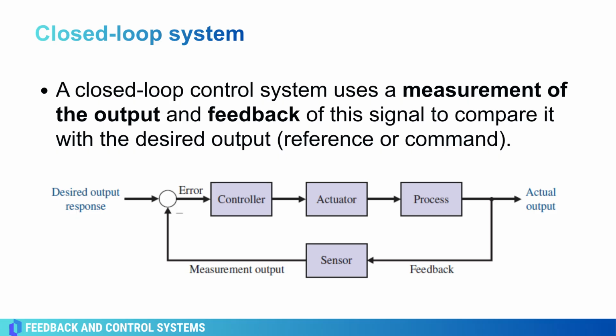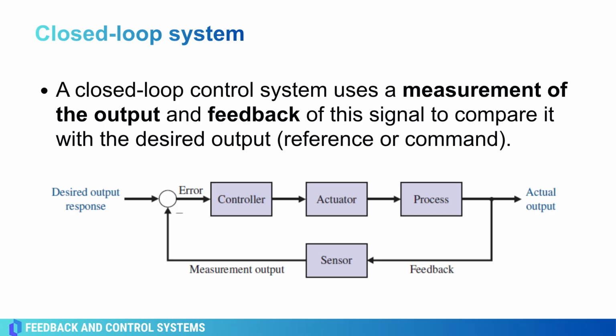A closed loop system, or a closed loop control system, uses a measurement of the output and feedback of this signal to compare it with the desired output, which is your reference or command. As you can see here for the basic block diagram, we added an error and the feedback towards a sensor, then to a summing point with a negative sign.